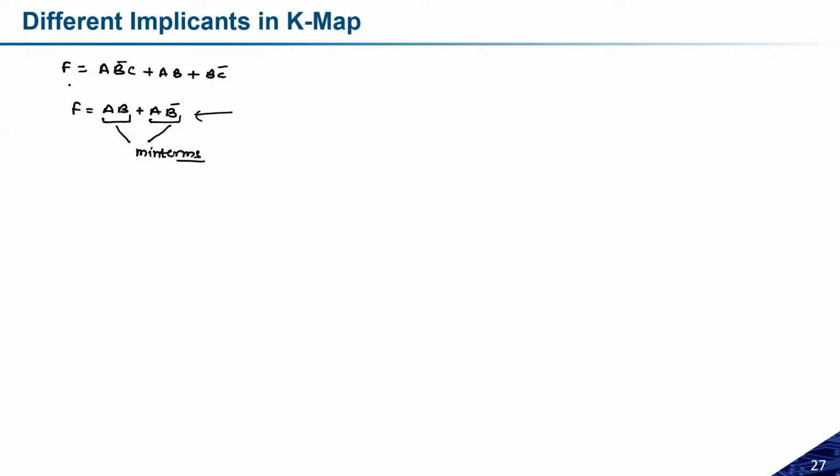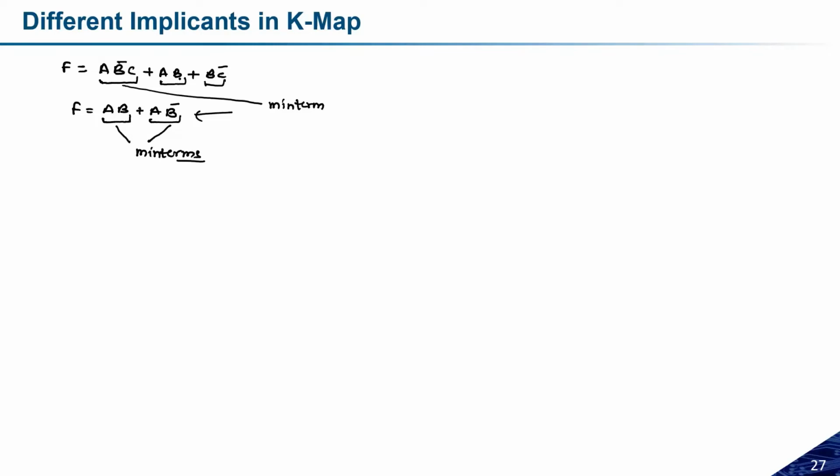But in the first expression, we have three different variables. In the first term, a b bar c, all the variables are present, so we call this the min term.